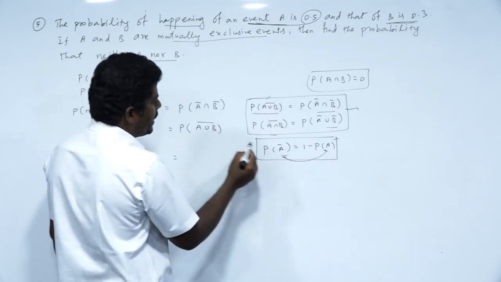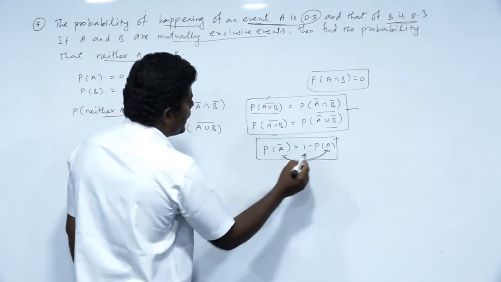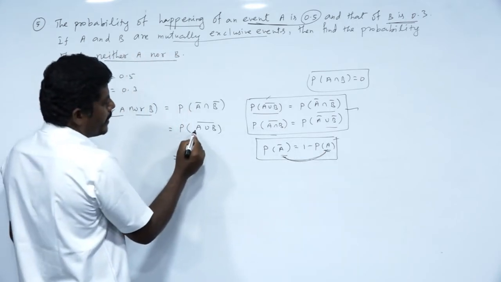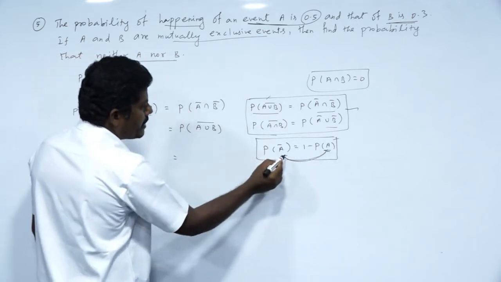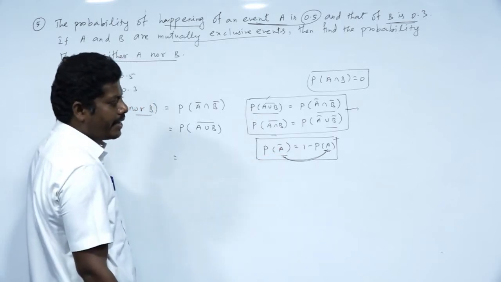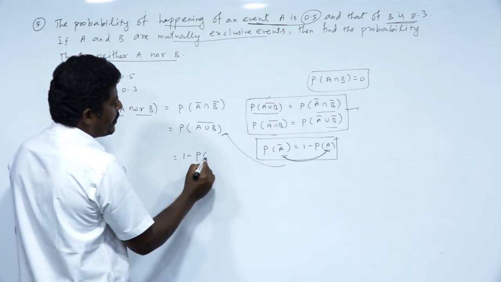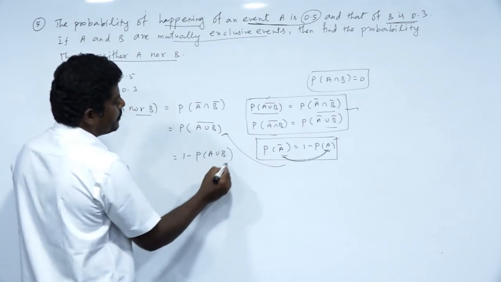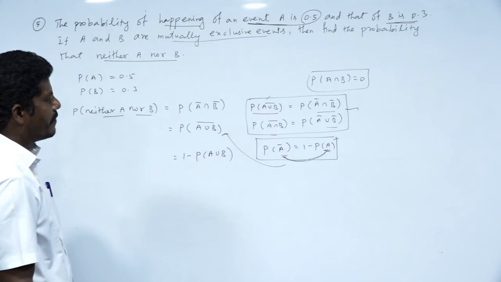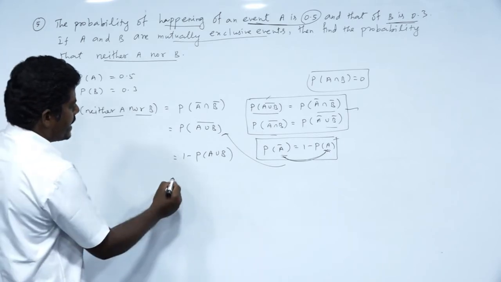Here A union B the whole bar means here you want to write A union B. So probability of A bar is nothing but 1 minus probability of A. Similarly we can write this as 1 minus probability of A union B, my dear students.